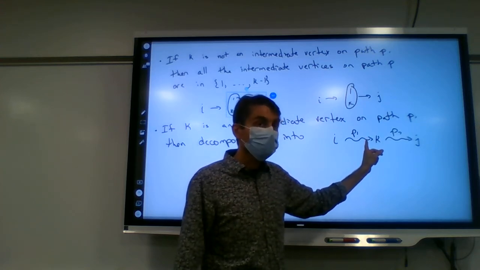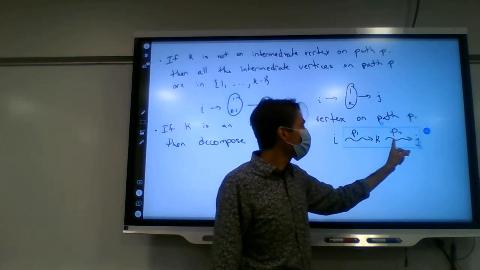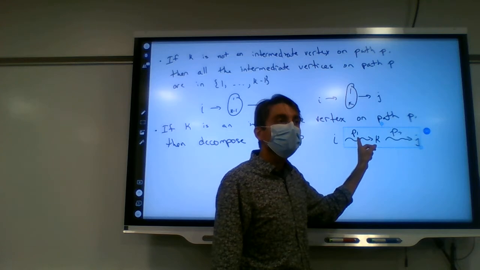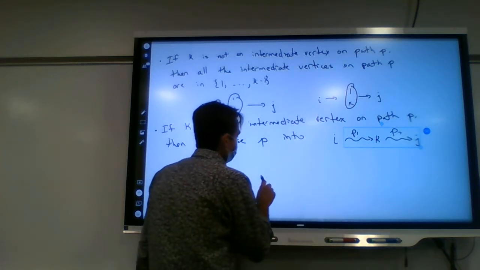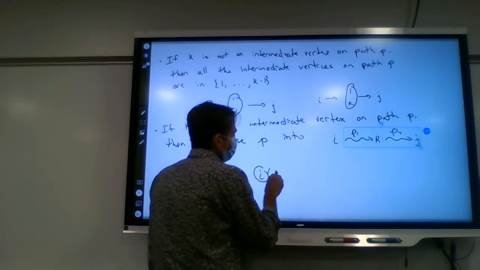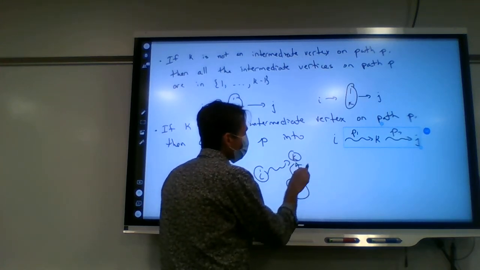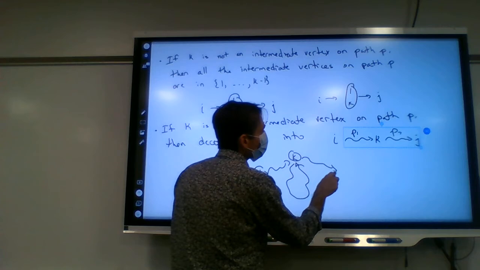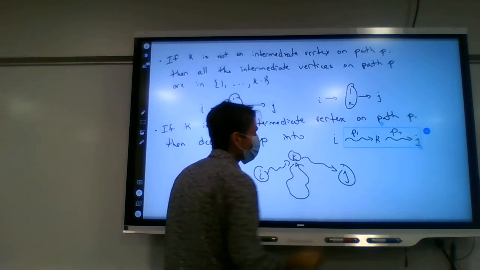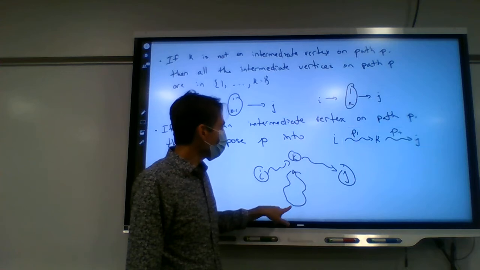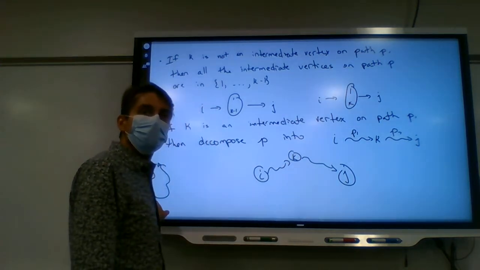Does that make sense? We wouldn't come back to K again in here or in here. We wouldn't go from I, through something to K, through something and come back to K, and then go on to J, because we want a shortest path. What would we do? Leave that part out of it.